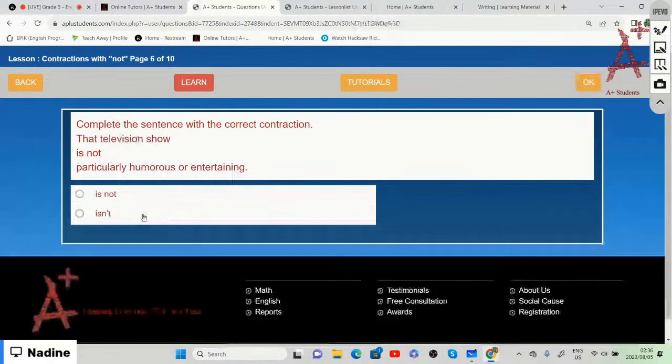So wasn't is correct. That television show is not particularly humorous or entertaining. So the television show is not, which means that we're going to go with isn't.